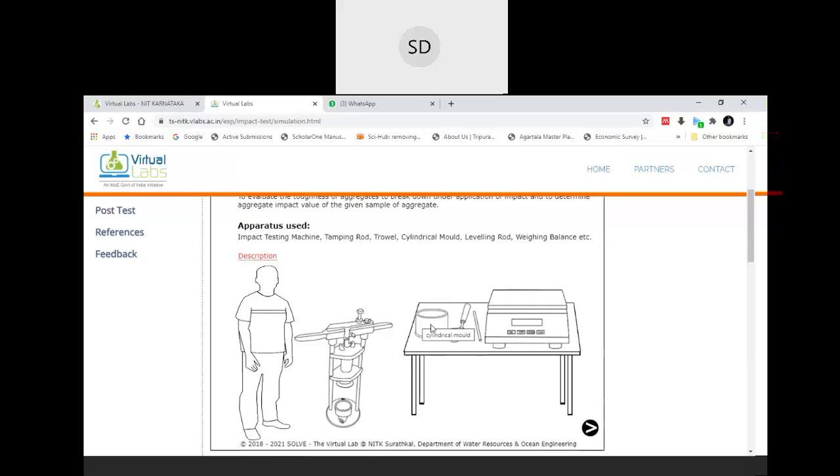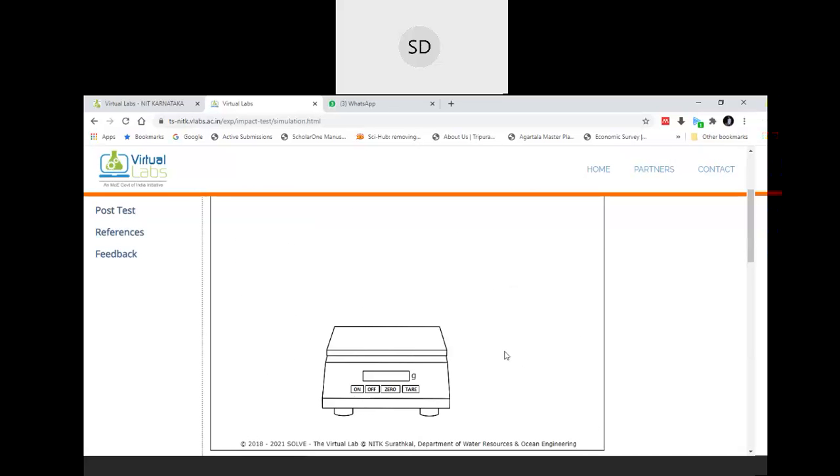After placing the aggregate over there, you have to take the initial weight, and after that you have to place the mold over there and apply impact loading using this hammer. You have to keep hammering the aggregate with the total number of blows being 15. Okay, so let us start this test.